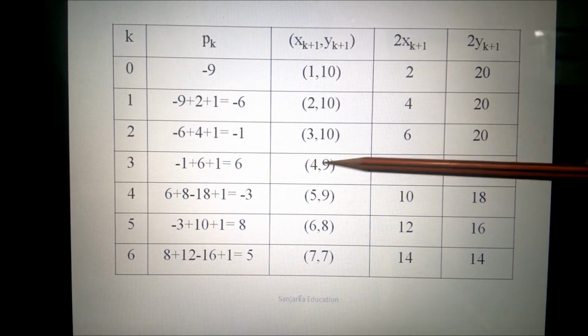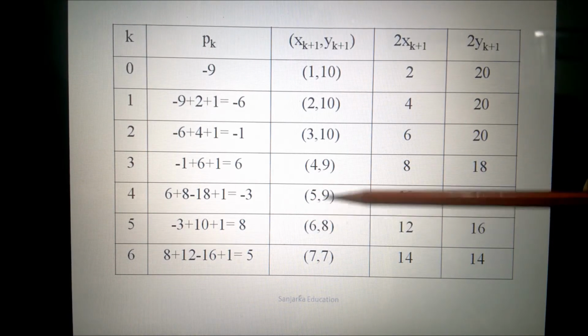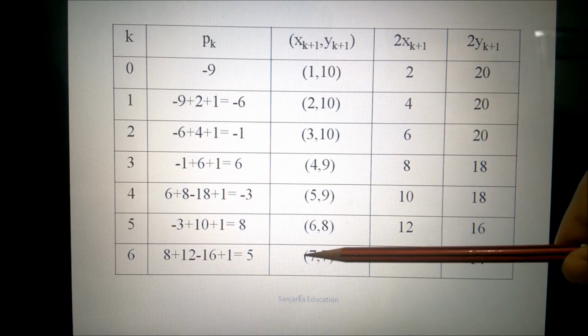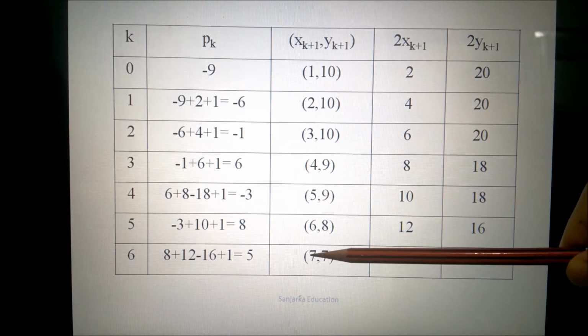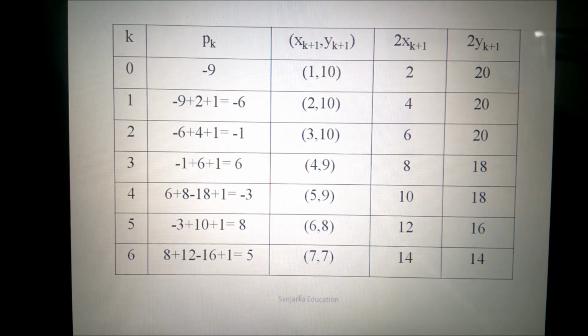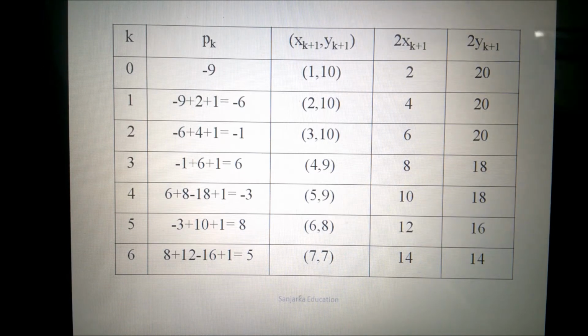When it is positive, y is decrementing. In that way, we reach a particular coordinate where the x coordinate and y coordinate are both the same. Here we stop. And these are the pixel coordinates in that octant in the first quadrant.